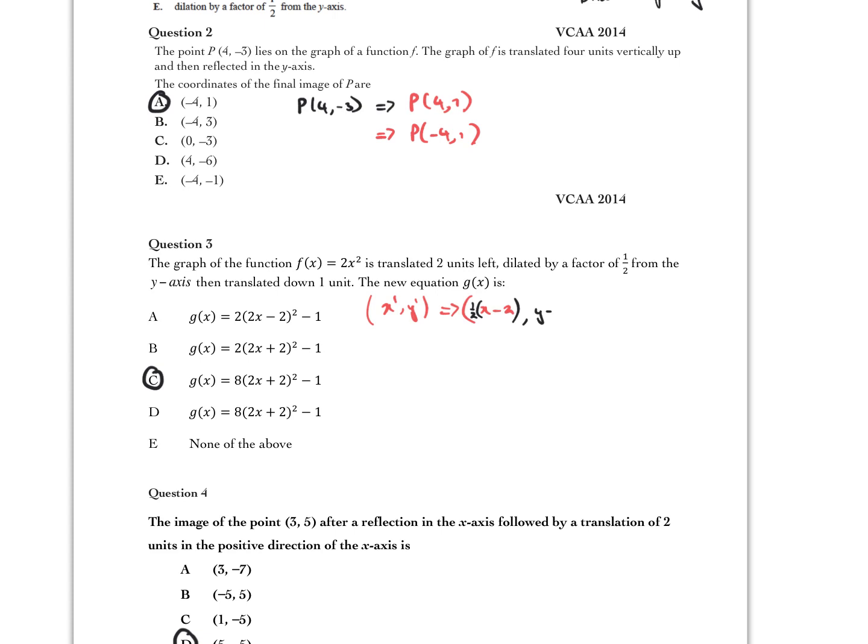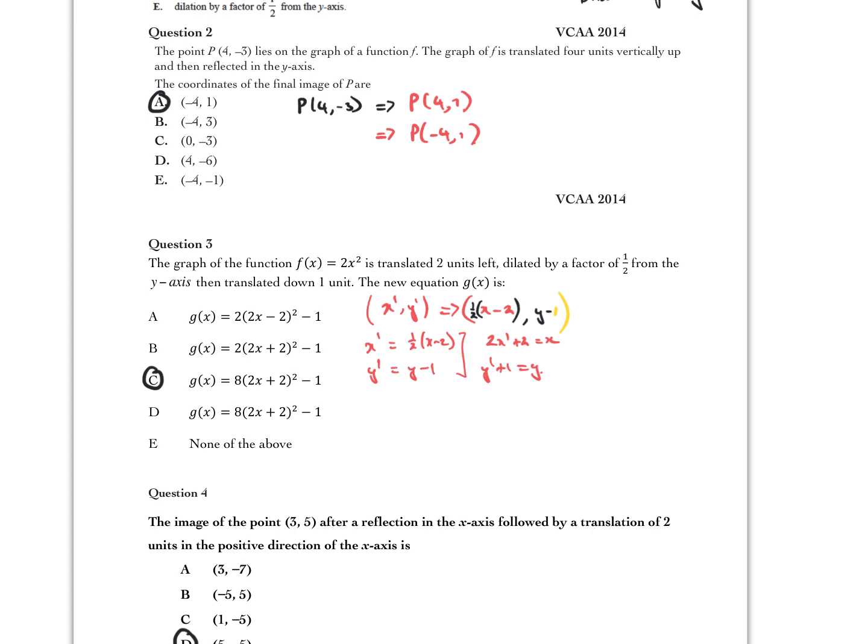Actually, let's make that a different colour. Yeah, so if I equate x dash becomes, or is equal to, I might write it as a half x minus 2, y dash is equal to y minus 1. Rearrange, I'll get 2x dash plus 2 is equal to x, y dash plus 1 is equal to y, and substitute that into the function that I'm interested in dealing with.